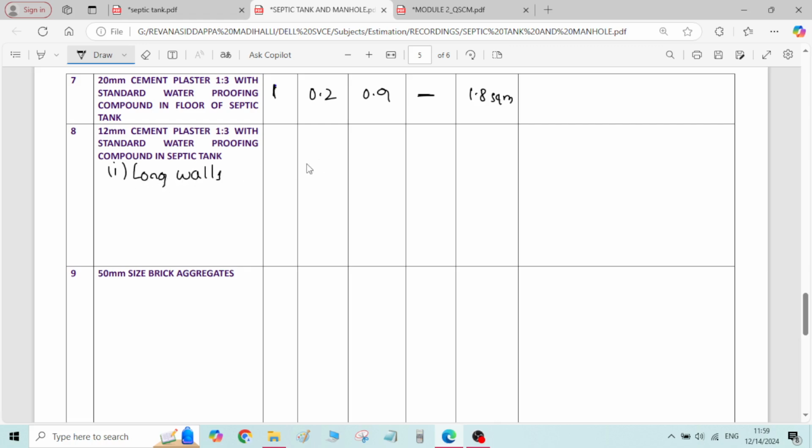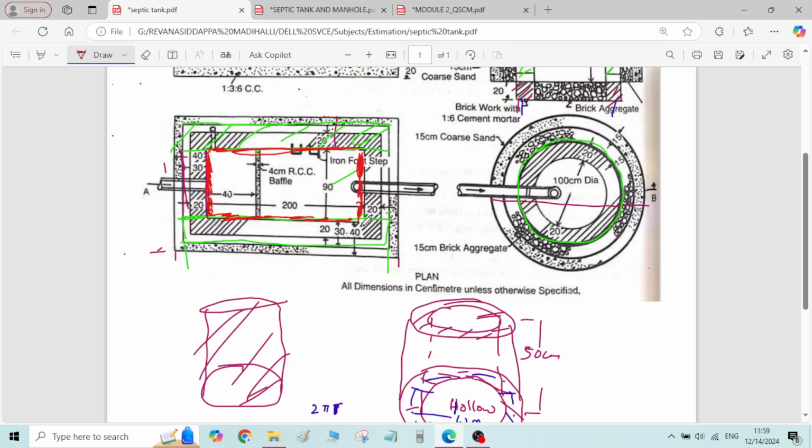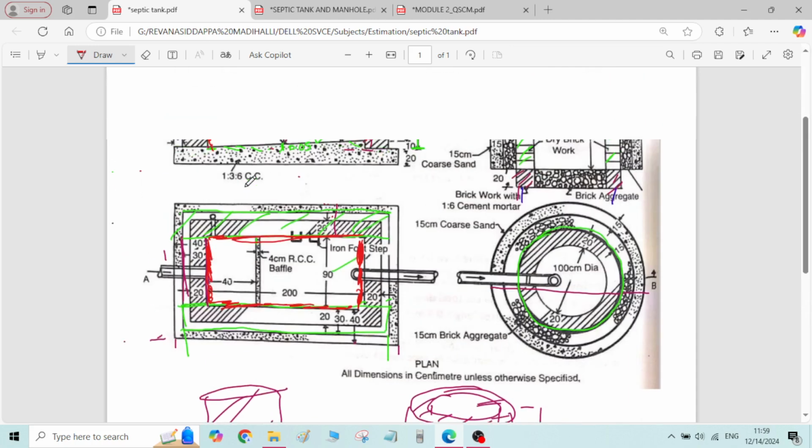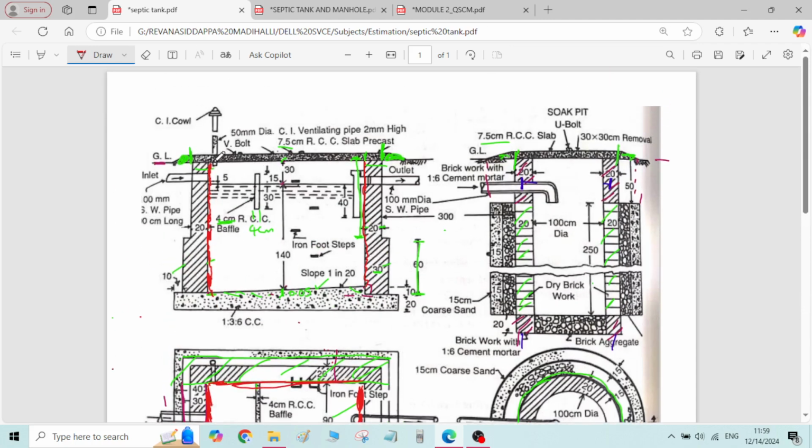How many number of long walls are there? There are two number of long walls. Length for which the plastering is done is 200 centimeter, nothing but 2 meter. And height of the plastering work, you will get it from here. Height from here to here, average height.